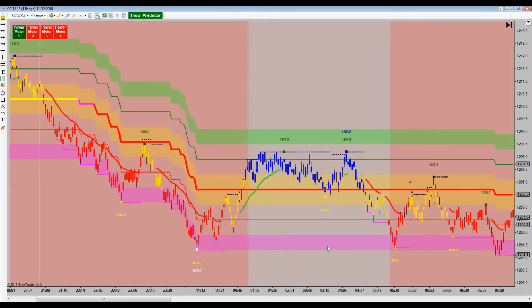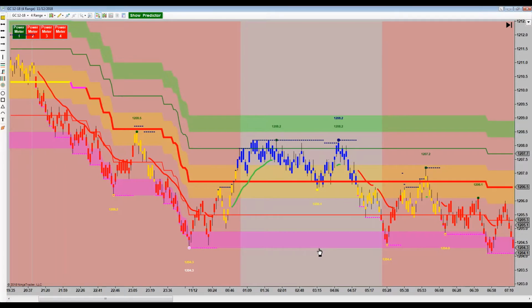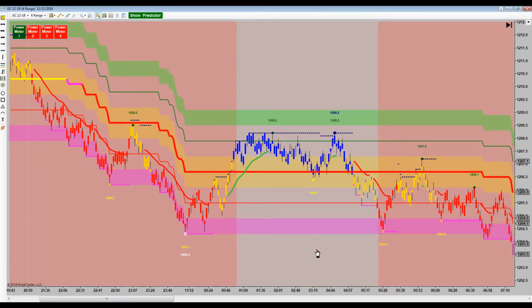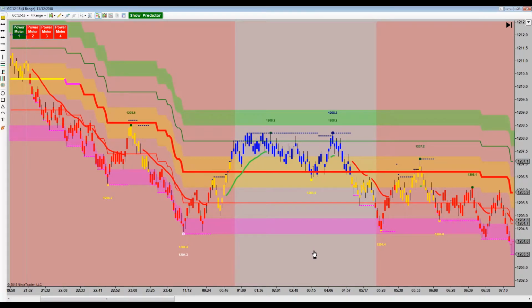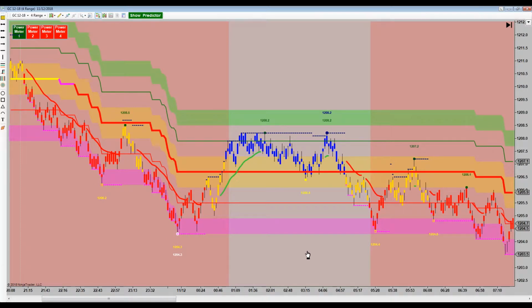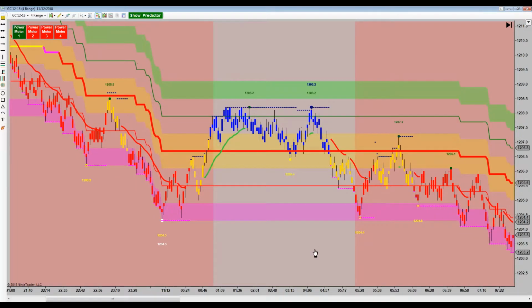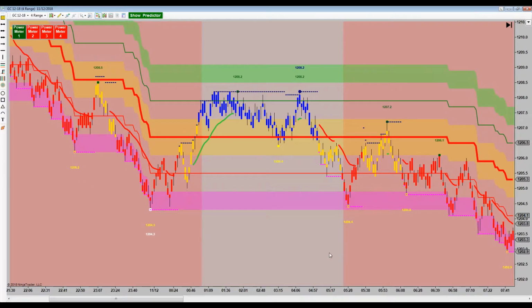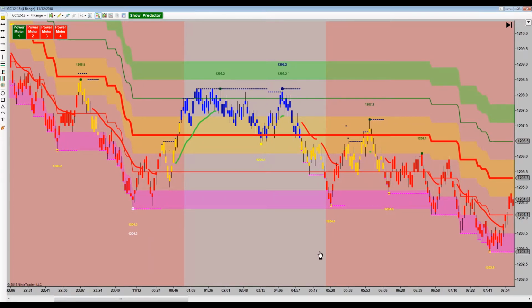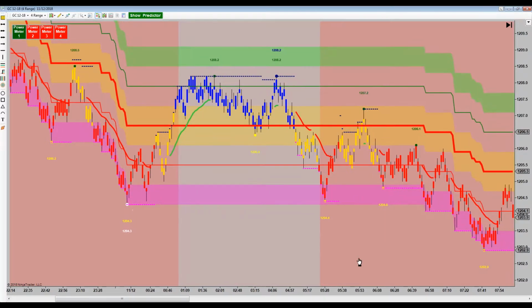Get those bars nice and big, juicy bars. Okay, now we're at 7:54 a.m. Pacific time.